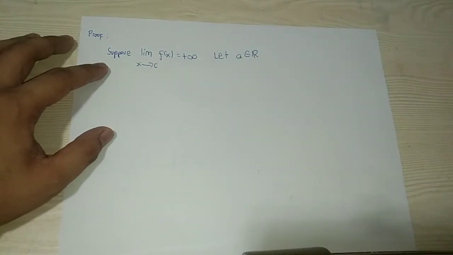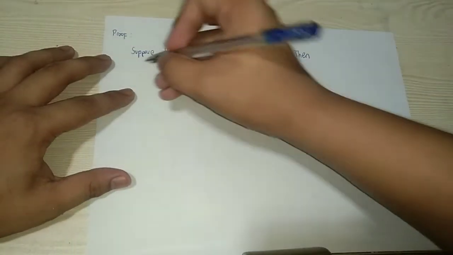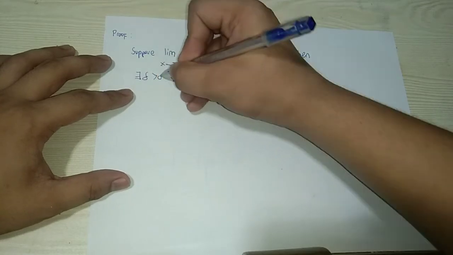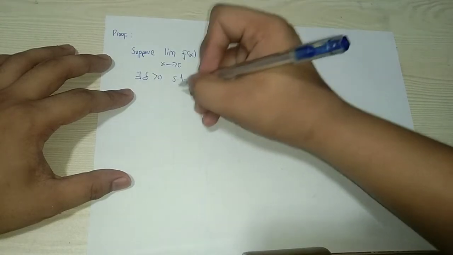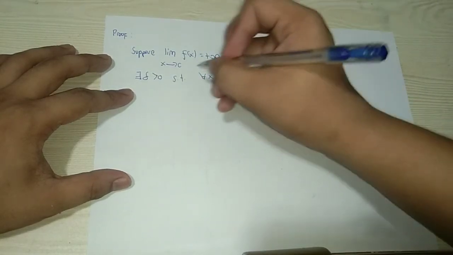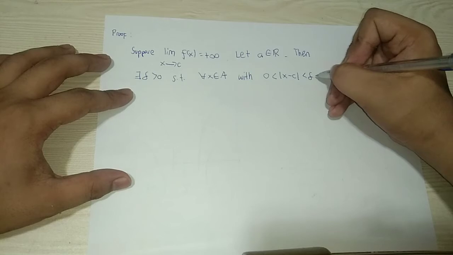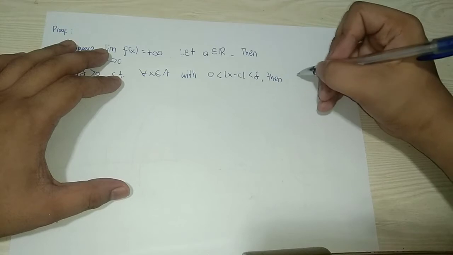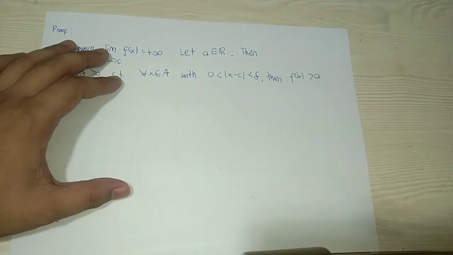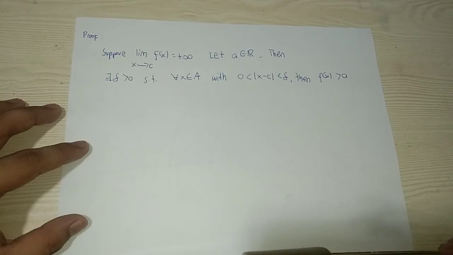By definition of infinite limit, may mag-e-exist na positive delta such that for all x element of A with 0 less than absolute value of x minus C less than delta, then f of x is greater than A. Tama? So, yan yung definition ng infinite limits na nag-a-approach sa positive infinity.